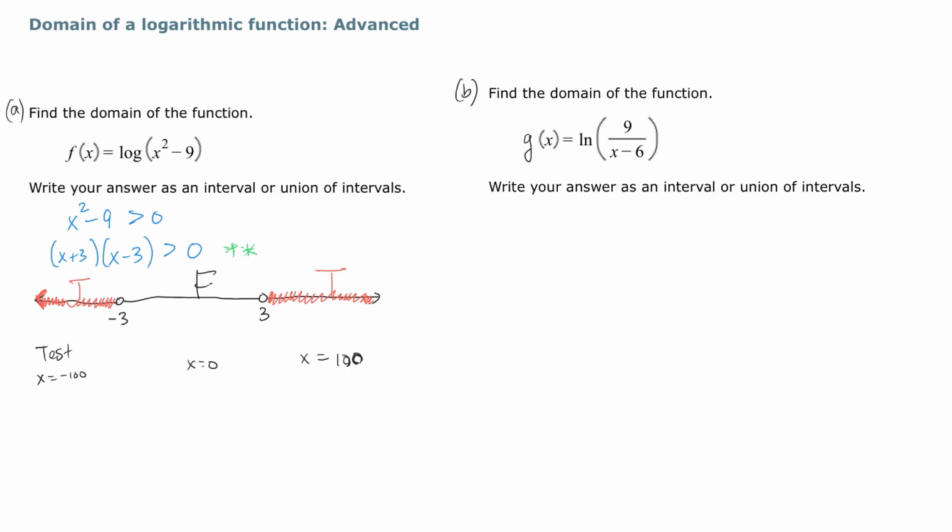So from the very, very far left, we started with -infinity, and then we end up shading to the concept of positive infinity. So let's write our final answer in interval notation. What is the domain of f? The domain of f is negative infinity up to negative 3, union negative 3 to infinity.